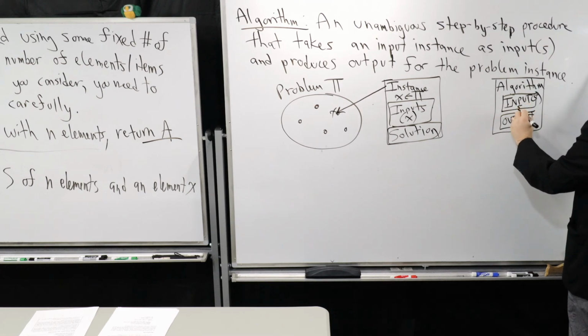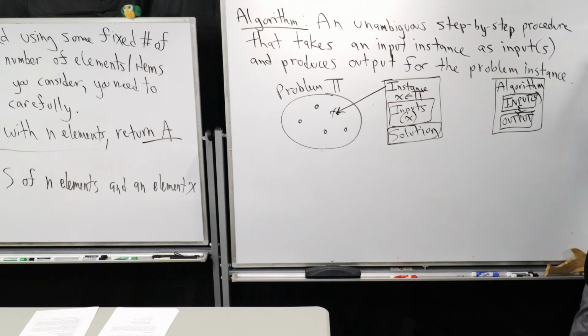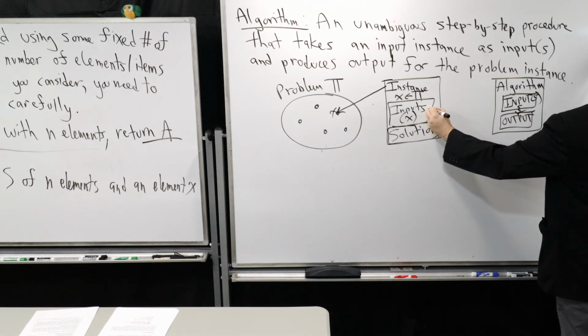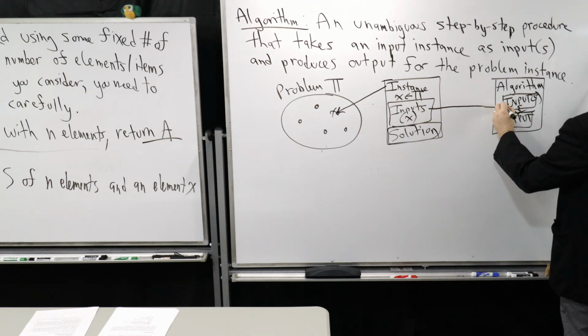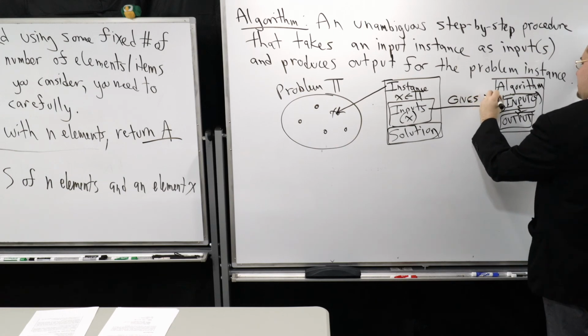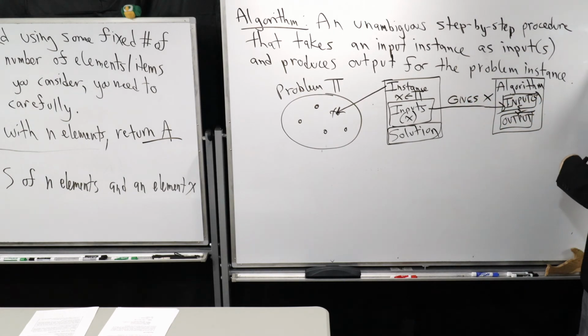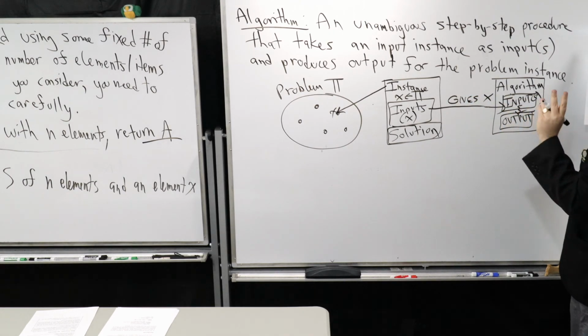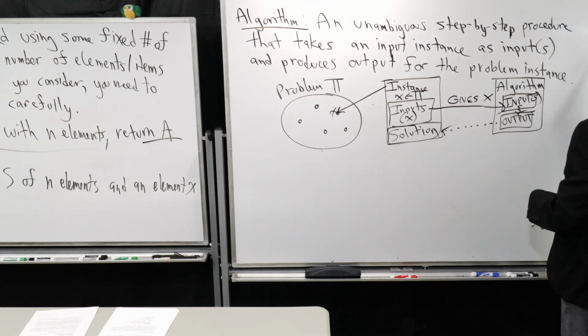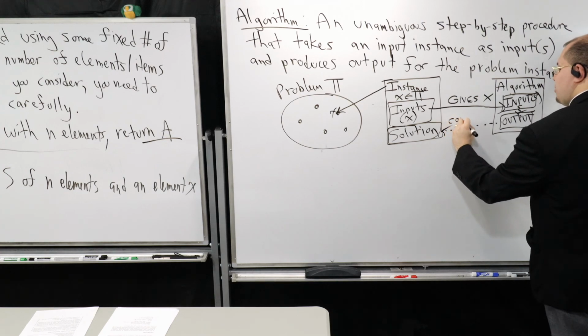So it takes input and it produces output, right? All I've been describing to you up to this point is that the input is given to the algorithm. So it gives x to the algorithm as input. And what we would like to know is, is the output correct or not?